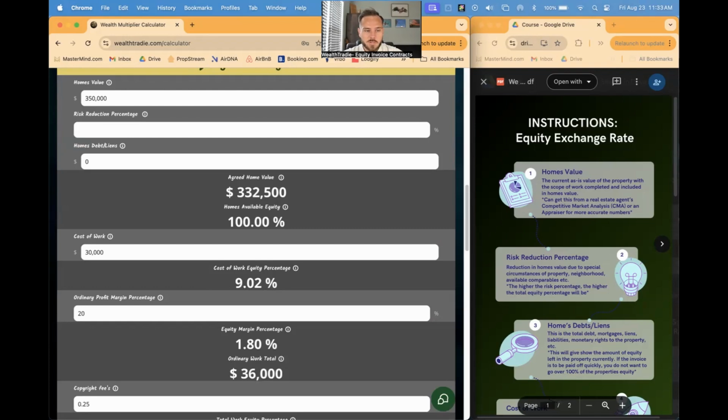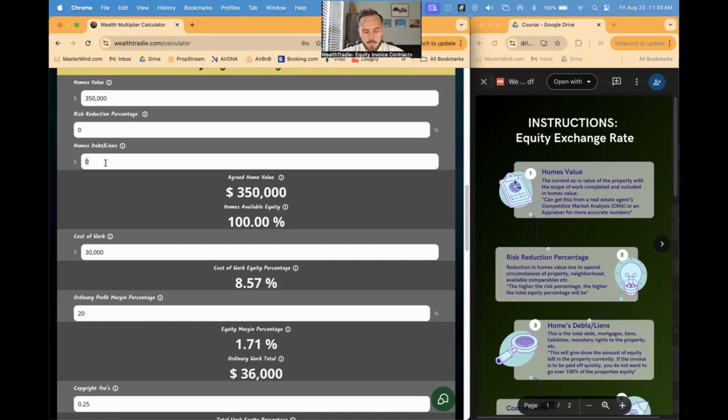If it's normal, I only get 8% equity. If it's increased, meaning the value of the house decreases, I'm going to pull out extra equity. So you want to make sure that this number is only used if there's something questionable about either the property or the market or the homeowner.